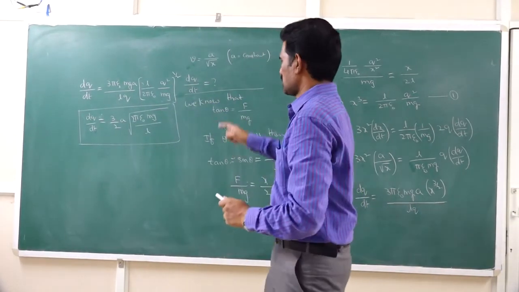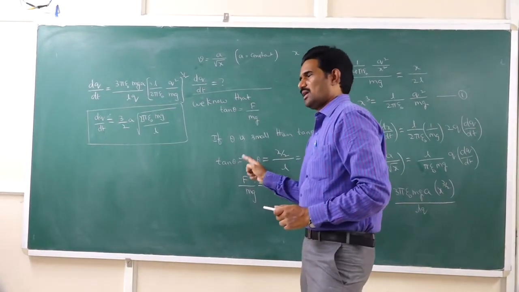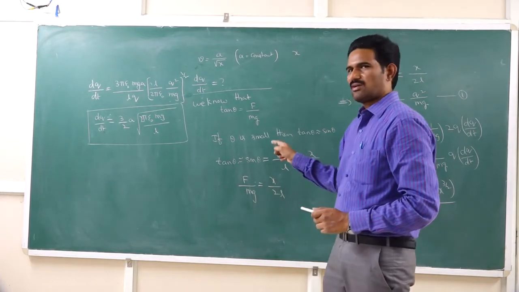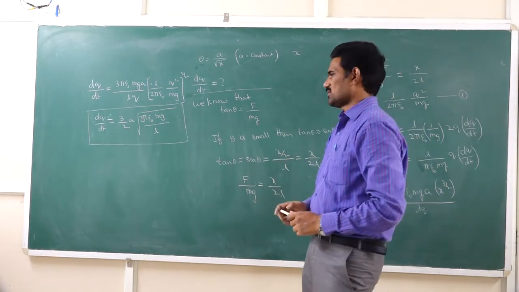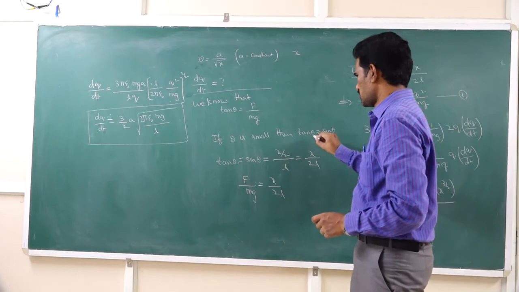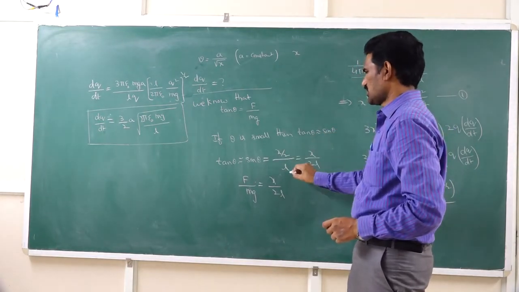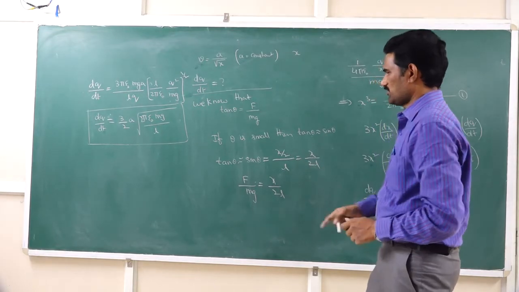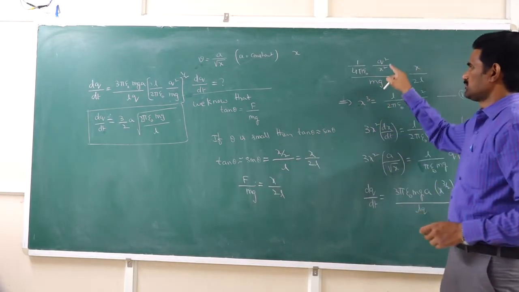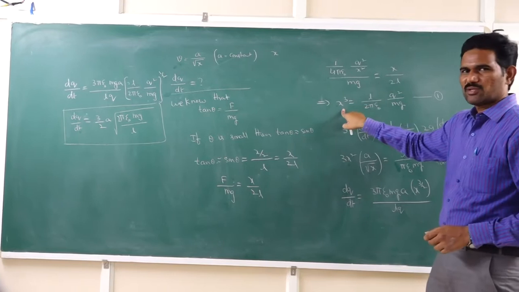So just we are writing this tan theta expression, and the given condition is this x value is very small. So when x value is very small, we can use this approximation here, tan theta is equal to sin theta. Then we are substituting the sin theta value by using the given diagram. So just we are substituting the f value. Then you will get the x cube expression.